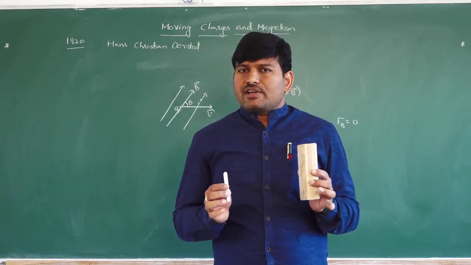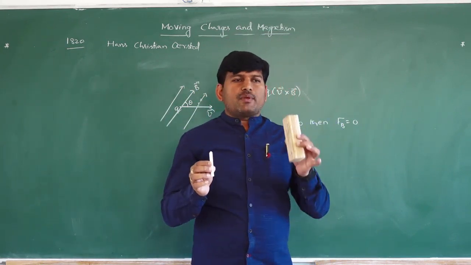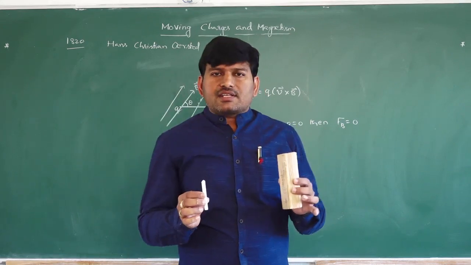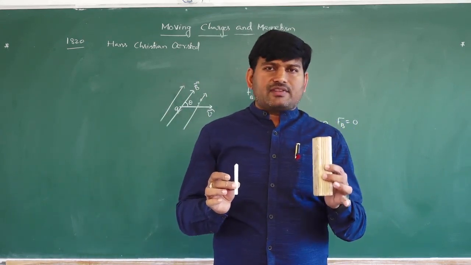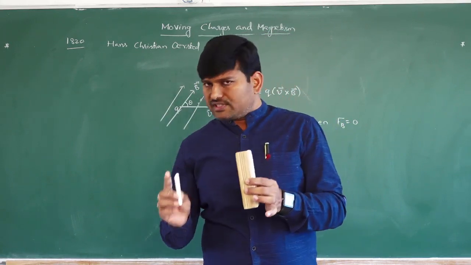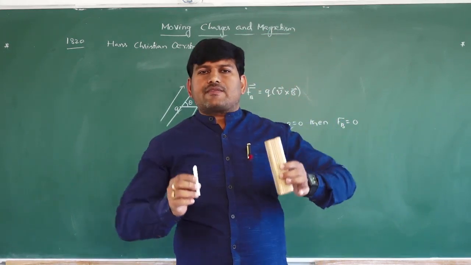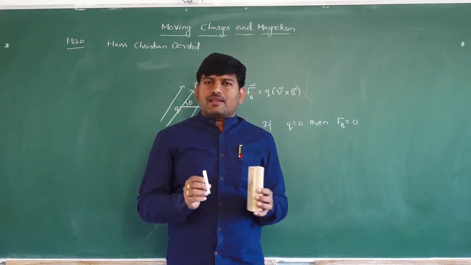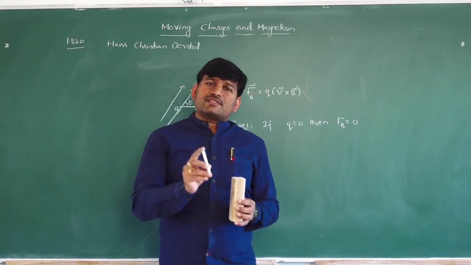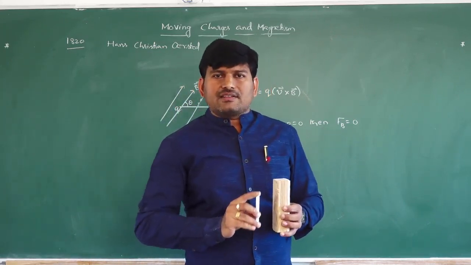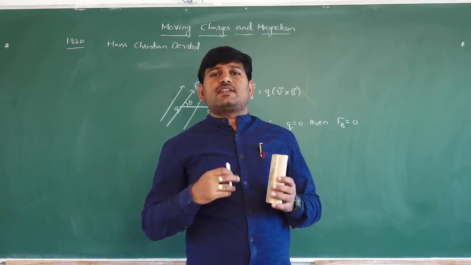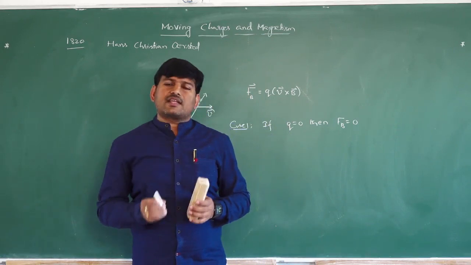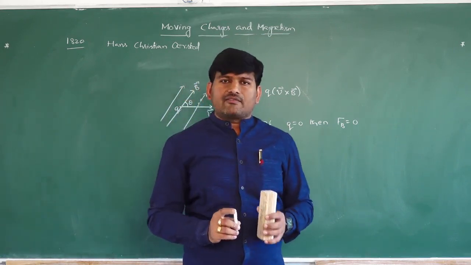For a gravitational interaction, one body should be present in the gravitational field of another body. Similarly, if a magnetic material is present in another magnetic field, it will experience a magnetic force. If a charge is present in the electric field of another charge, it will experience the electric force.